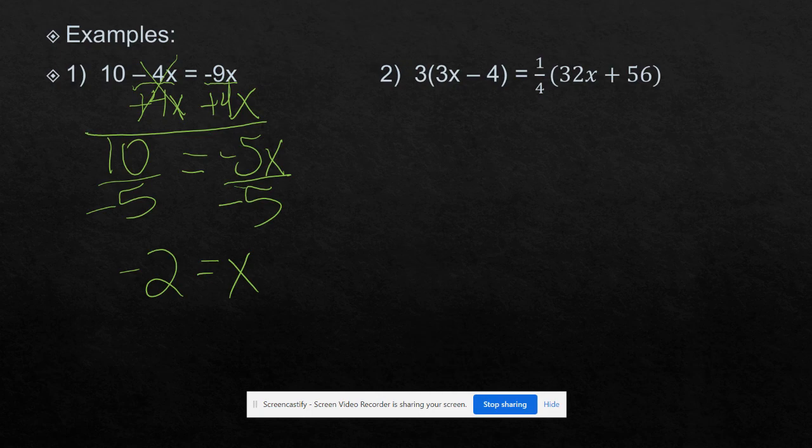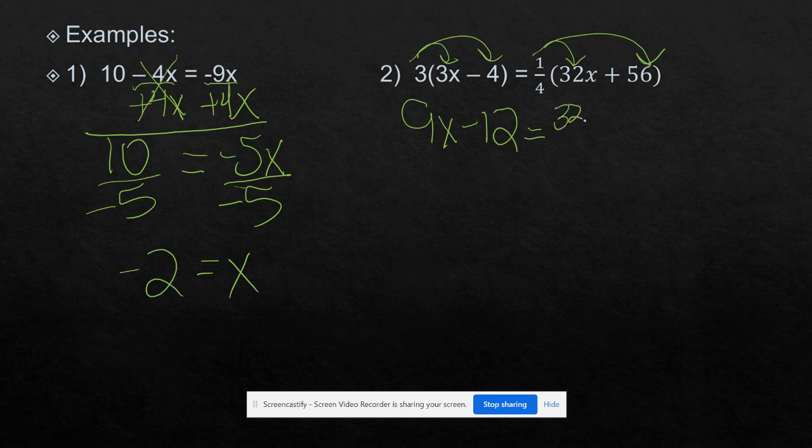Example 2. We do have parentheses here, so I'm going to start with distributing. 3 times 3x is 9x. 3 times 4 is 12. So we're subtracting 12 on the left. 1/4 times 32x is 32 over 4x.